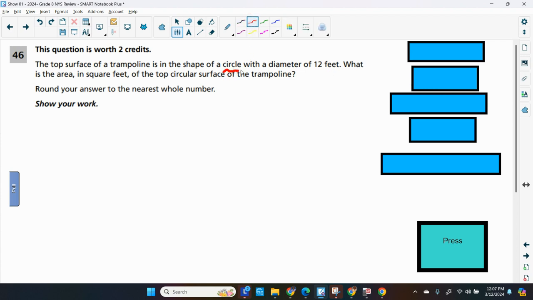So we got a circle, diameter, 12 feet. What is the area in square feet of the top of the circular surface of the trampoline? And they're even asking you to round your answer to the nearest whole number.